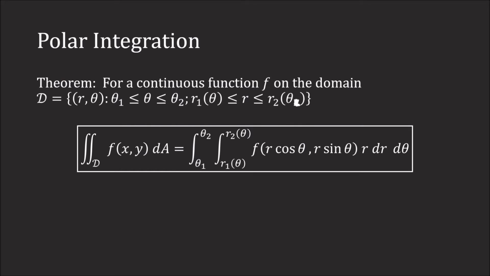Then the double integral over the domain D of f of (x, y) dA is the integral from theta 1 to theta 2 of the integral from r1 of theta to r2 of theta of f of (r cosine theta, r sine theta) times r times dr d theta. Now, a very common mistake that students make is to forget this extra r when they convert. Remember, this extra r must be included. So dA is r dr d theta. That whole thing is dA.